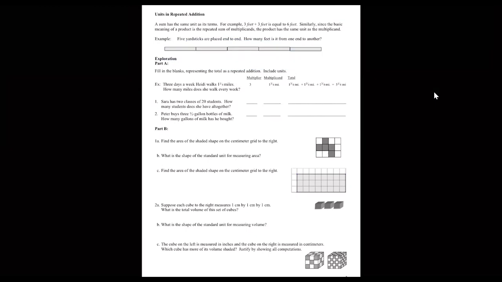All right, end to end, each one valued at 3 feet. So if you know each of them is 3 feet, then it becomes that multiple addition, or repeated addition, depending on how you like to say it.